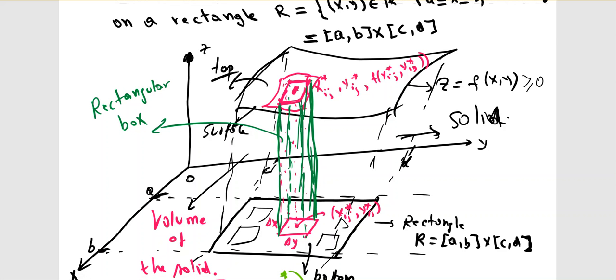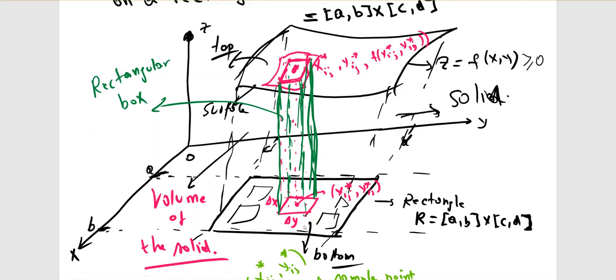This object is bounded above by a surface, represented by z equals f of x y, and below by the rectangle, which is exactly right below the surface, such that f of x y takes any point on the rectangle and maps it to the surface.